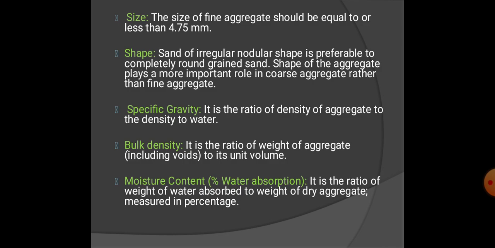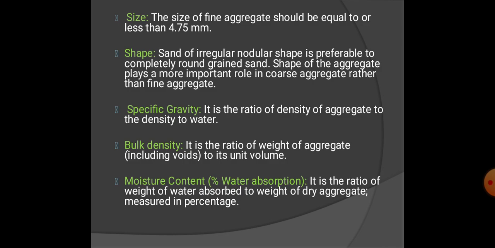That means W suffix a divided by W suffix w, a ratio of density of aggregate to density of water. So this is used for concrete mix design, and if not specified, the specific gravity is taken as 2.7, as the specific gravity of the majority of aggregate obtained from different sources falls between 2.6 and 2.8.